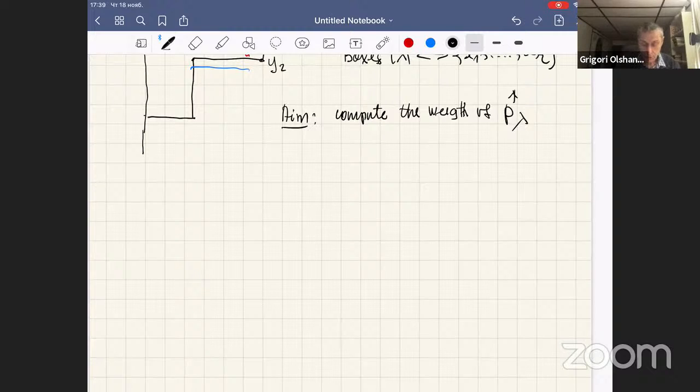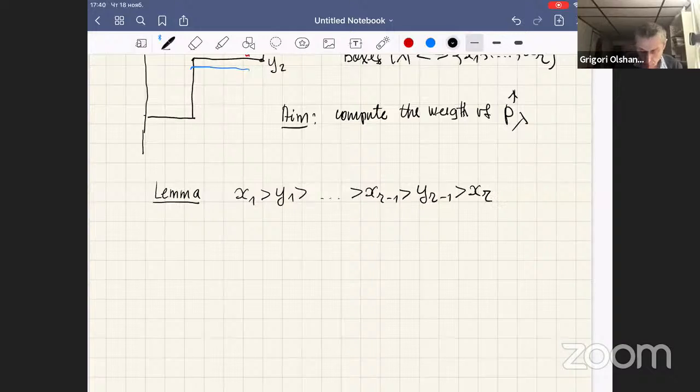The idea is as follows. Given some lemma, assume that we have interlacing sequences, x's and y's, and here these are not Kerov coordinates for a moment, but just arbitrary real numbers.